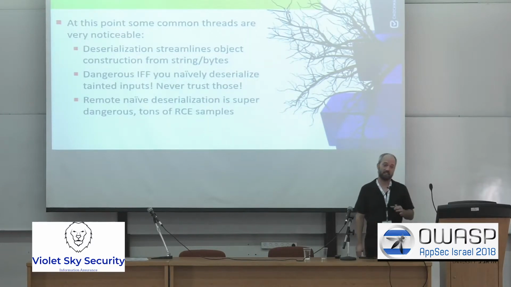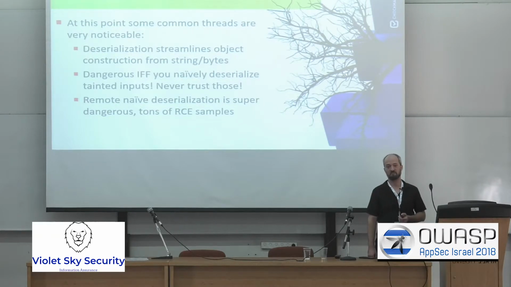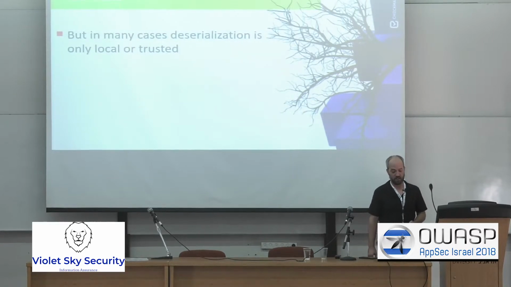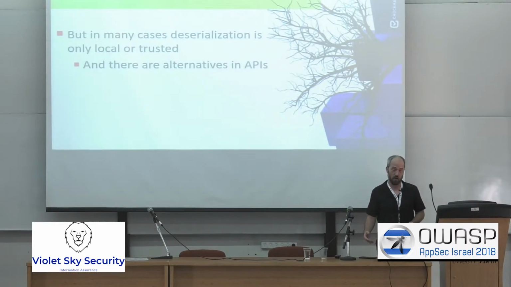And if you can remotely trigger deserialization, you're golden. There are a ton of RCE examples, and we're going to talk a bit about them later. Locally, you can trust your deserialization if you have some control of the entire channel of deserialization.